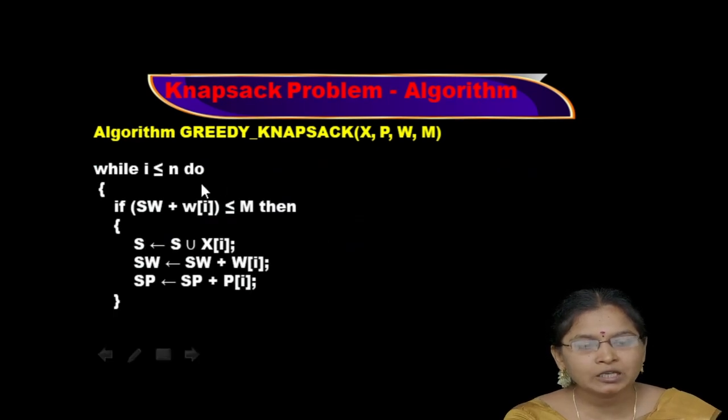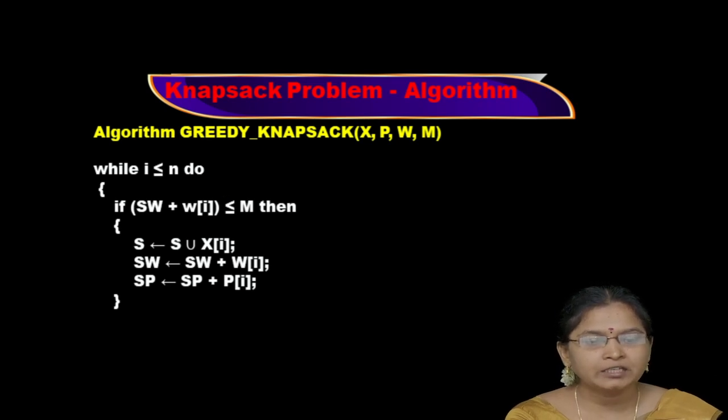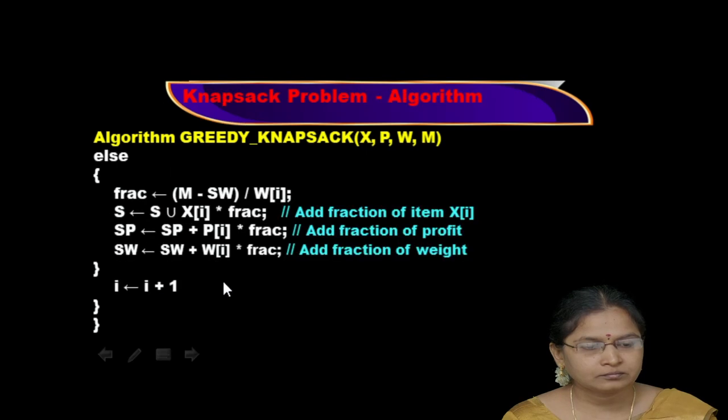Next, start the while loop. While i is less than or equal to n, in the while loop we have to check the condition. If SW plus the weight of i is less than or equal to m, then add this item x of i into S. Next, add the weight of the ith item into SW and the profit of the ith item into SP. Suppose the if condition is false.